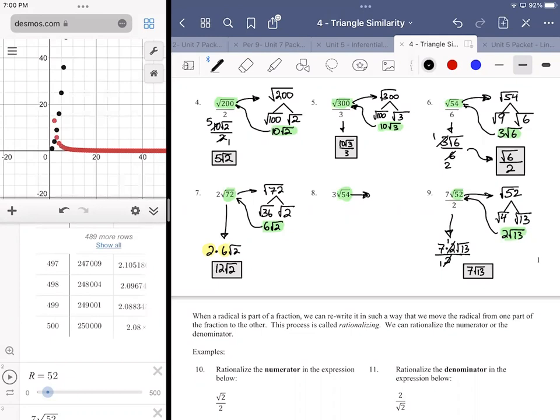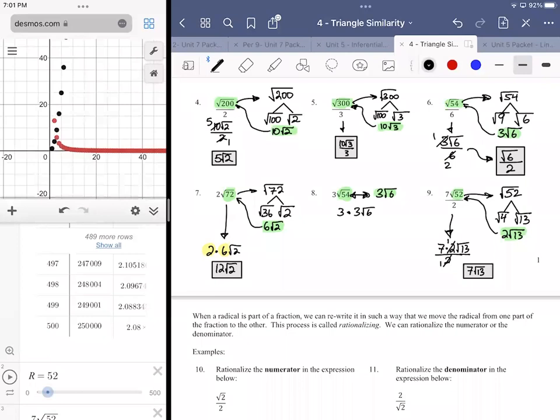You don't have to reinvent it. So if you just figured out that rad 54 simplifies to 3 rad 6, you use that without doing the work. We would say 3 times the replacement for rad 54 is 3 rad 6.